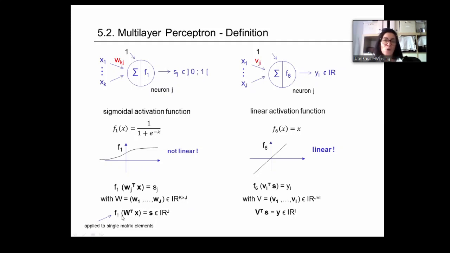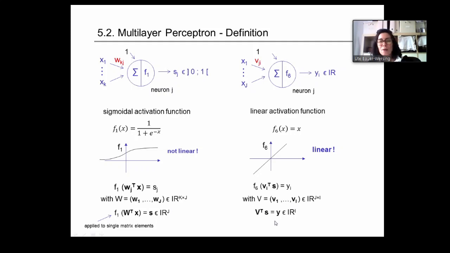If we transpose this matrix, multiply it with the input vector and apply the activation function to the single matrix elements, because this is the output of the neurons, we get a vector representation S, which is a J-dimensional vector.